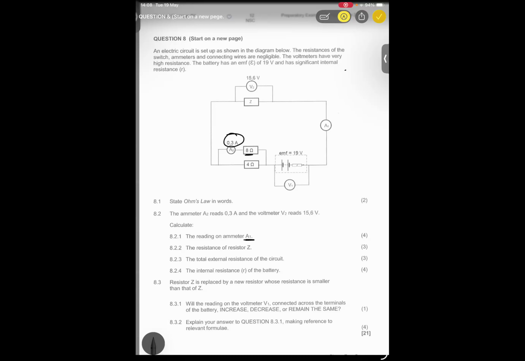What's gonna be the reading of the voltage, guys? The voltage for the 8 ohm resistor is 2,4 volts.